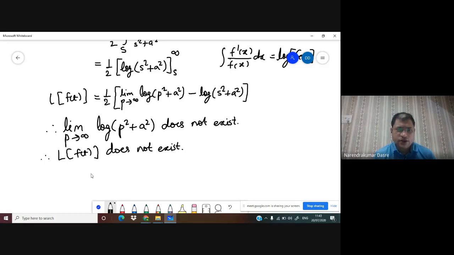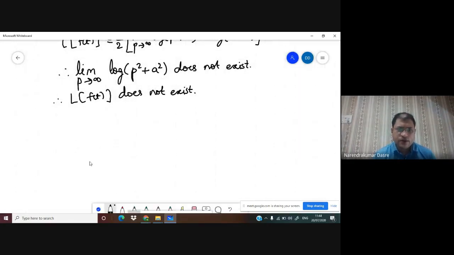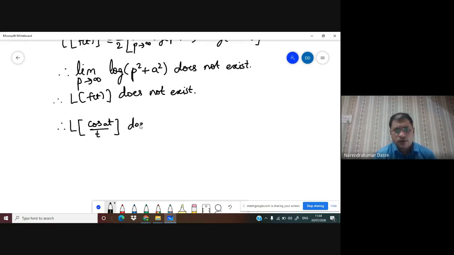Okay, so actually what we were calculating is the Laplace transform. So we can say the Laplace transform of cos of at upon t does not exist.